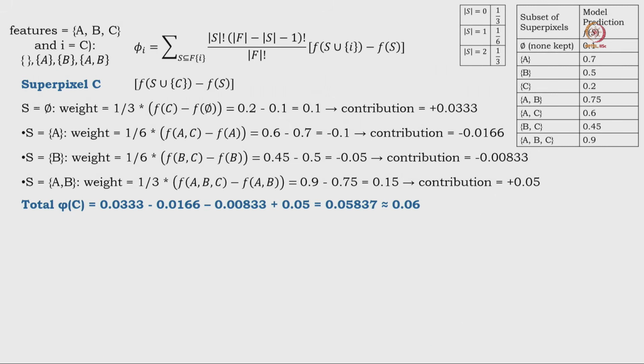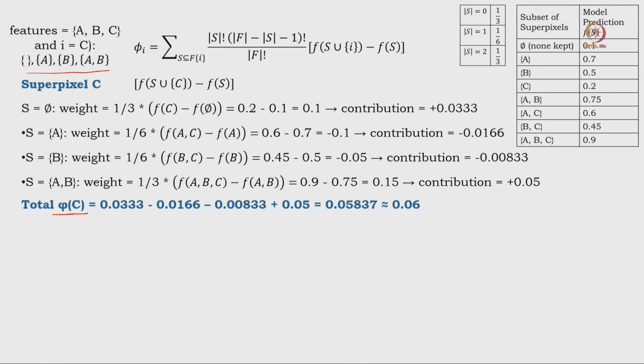Similarly, we will be calculating for superpixel C, and for the subsets that do not include C, for all of these you are calculating, and finally we will calculate the Shapley value for C. So, I hope this is clear to you.